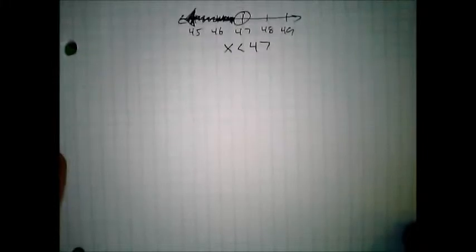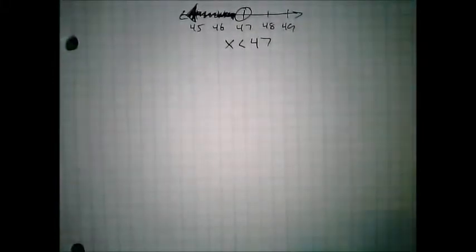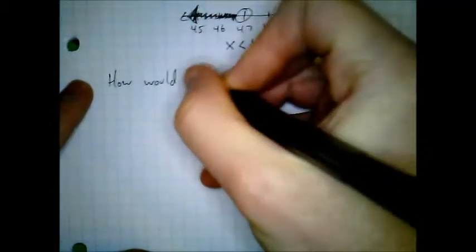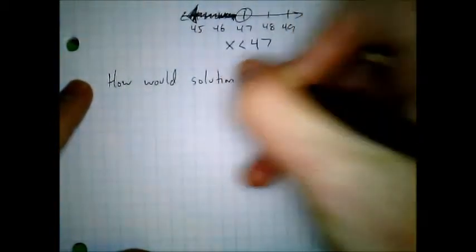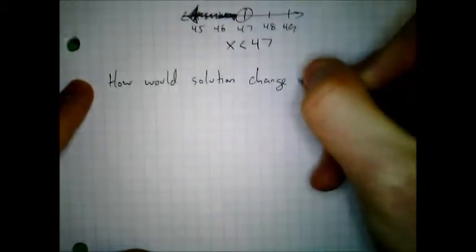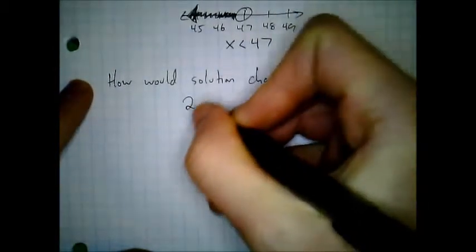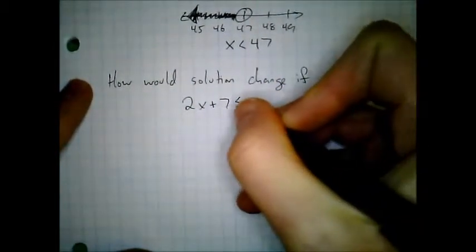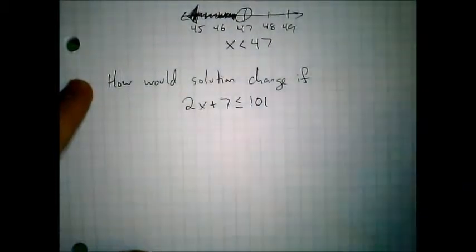Okay, one more thing together before you try these on your own. Hopefully we're thinking this is easy. So we want to know, how would the solution change if we had 2x plus 7 is less than or equal to 101.